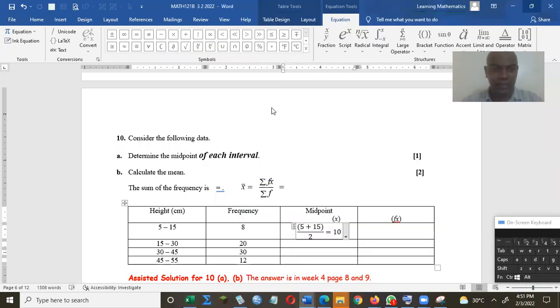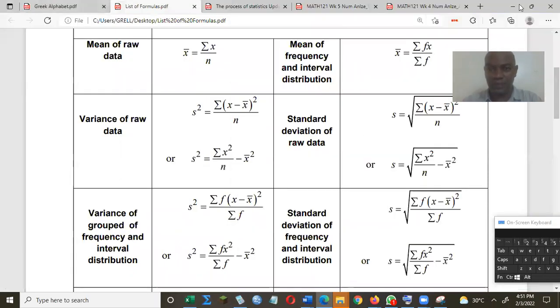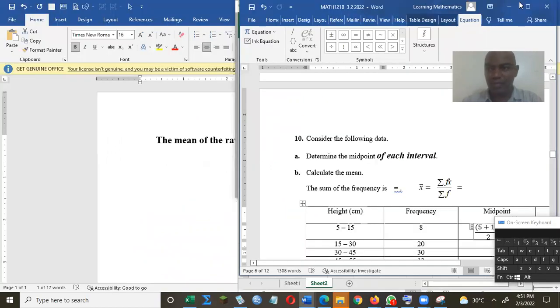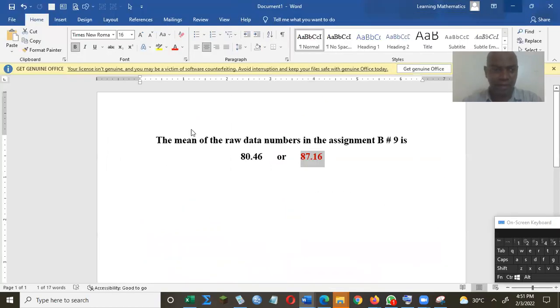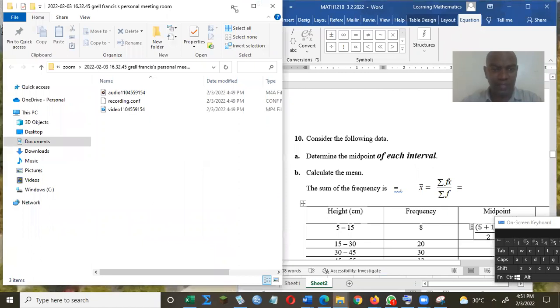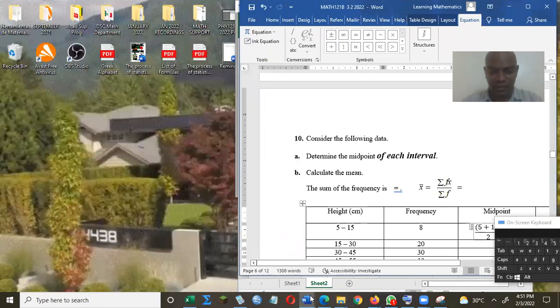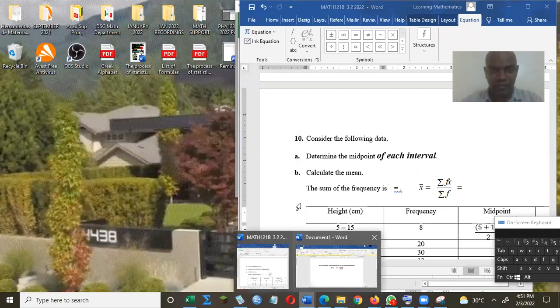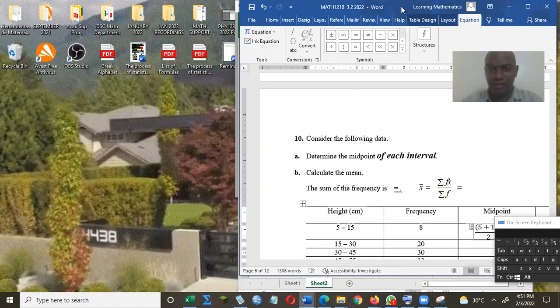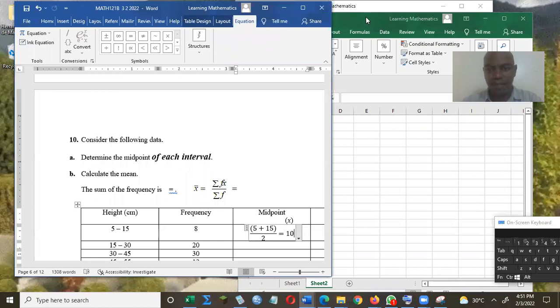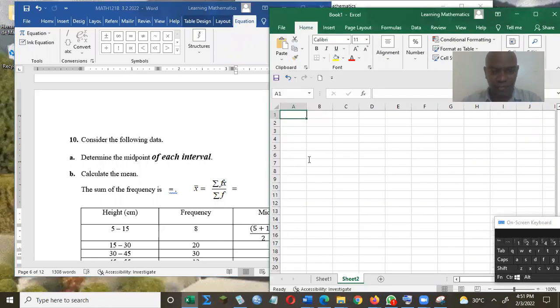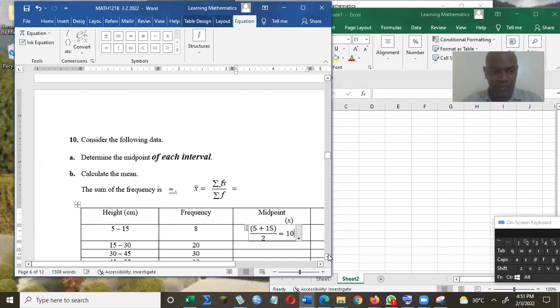Let's minimize this. Also look, the Excel is there, and our values are there. Let's bring this up a little bit.